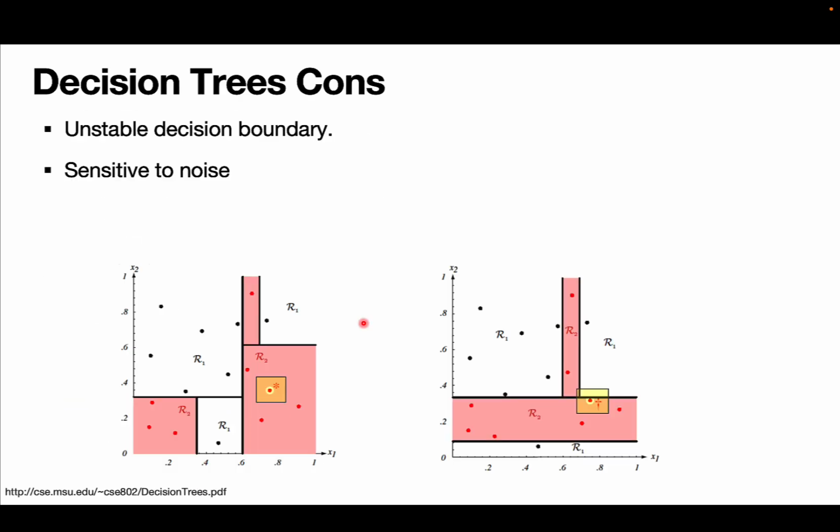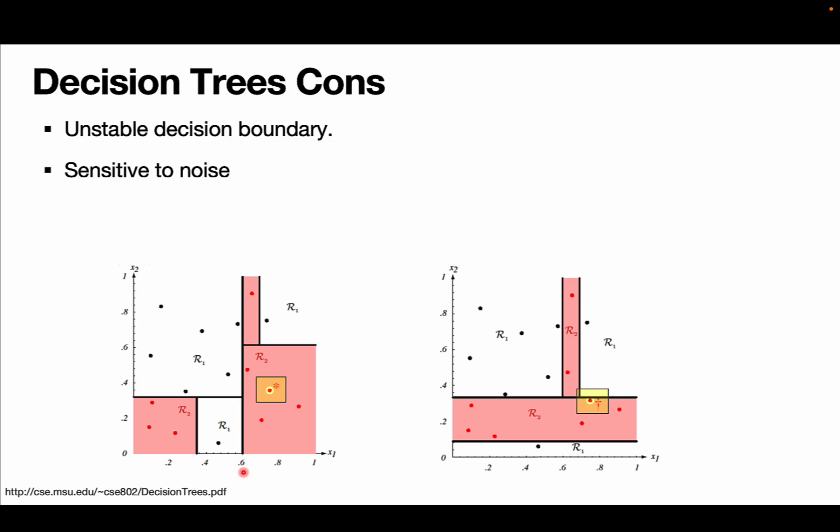One major drawback of decision trees is their instability. They are highly sensitive to small changes in the data. Let's study this example. We have this two-dimensional data set with two features, x1 and x2.